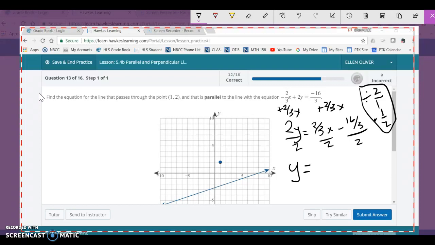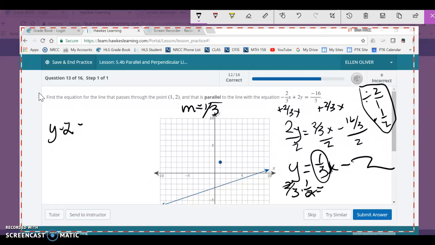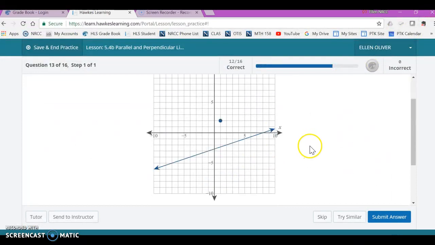So I'm going to have y equals, so 2/3 times 1/2. My 2's will cancel and I get 1/3 x minus something. I don't even care. I don't need to do that because I just need the slope from this line. And it's parallel, so my slope is the same, 1/3. And then through 2. So it'd be y minus 2 equals 1/3 x minus 1.